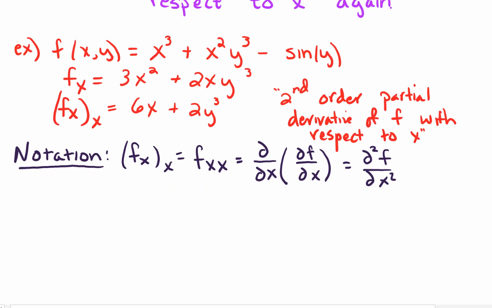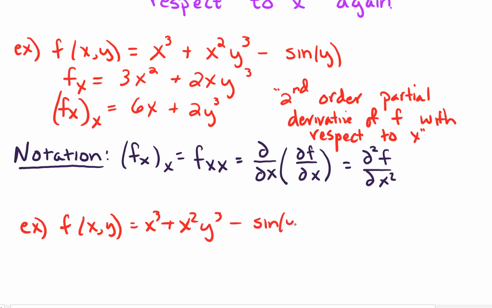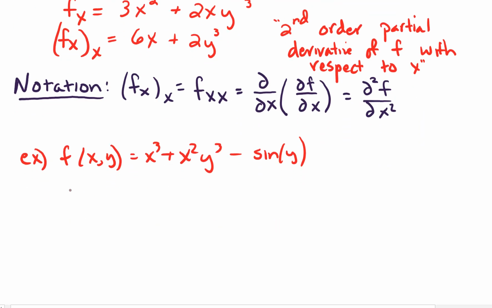Now we can also do the partial derivative of f with respect to y, and we can do that 2 times and get a second order partial derivative of f with respect to y. So let's look at an example. We'll use the same function f of x, y equals x cubed plus x squared y cubed minus sine y. So first we compute the partial derivative with respect to y, and that would be 3x squared y squared minus cosine y.